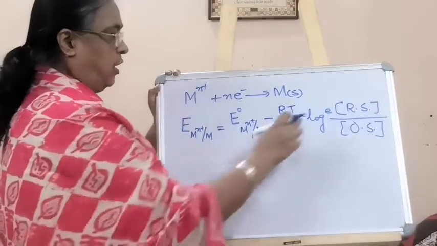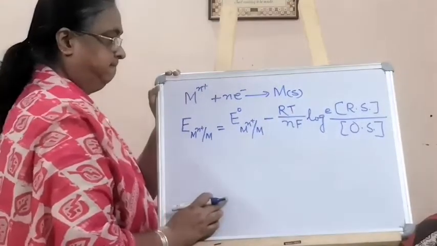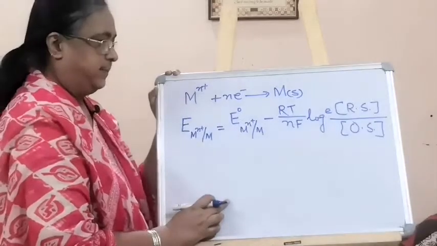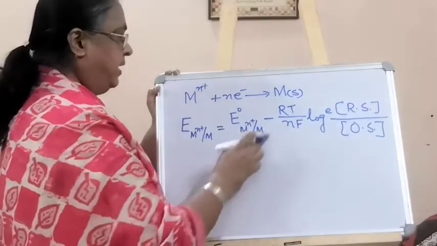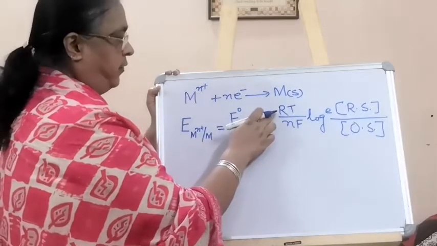If we solve this expression, you do not have to show all the steps, you can write the value directly. We write down the values of all the constants.